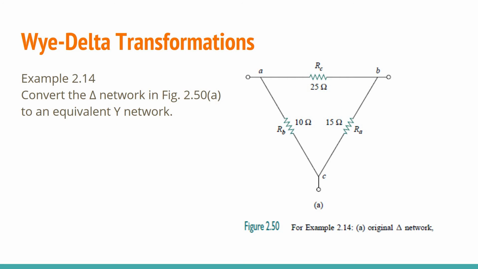So, example 2.14. Convert the delta network in figure 2.50a to an equivalent Y network. So, ang given, kung makita na to, ang RA is 15 ohms, ang RB 10 ohms, ang RC is 25 ohms, meaning dili siya balance kay dili man magkaparehas ang value sa mga resistors.